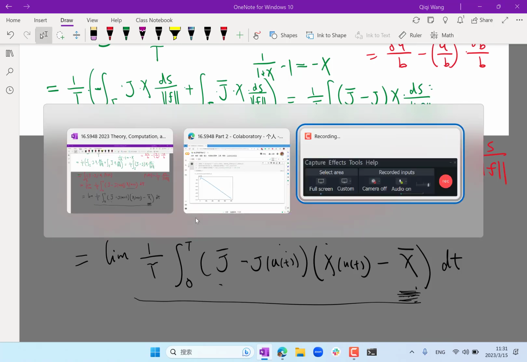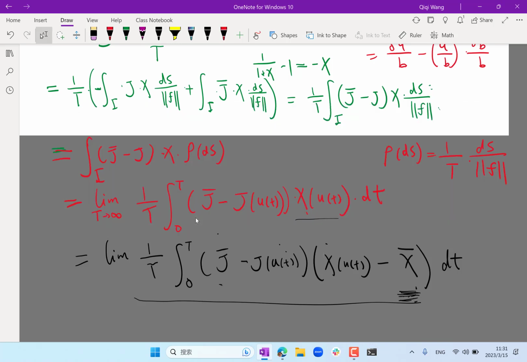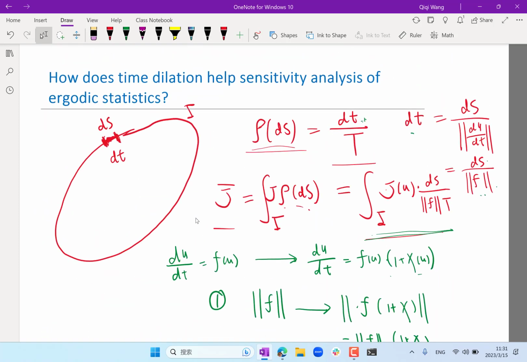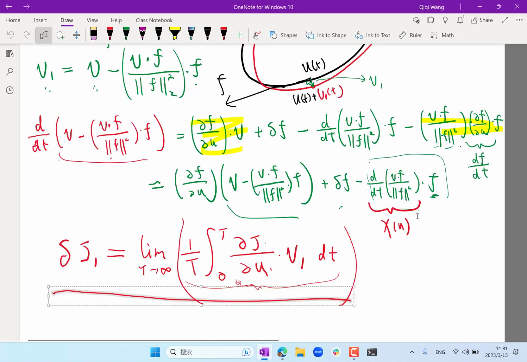Okay. Yes. I may have missed this, but is chi user defined, or is there a theory for calculating it? Oh, there is. It's determined by the derivative of how much we are projecting out.